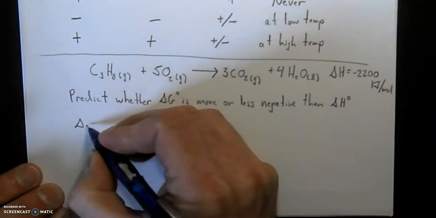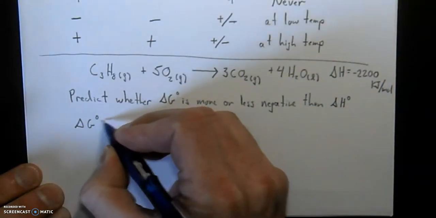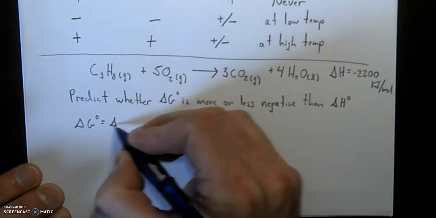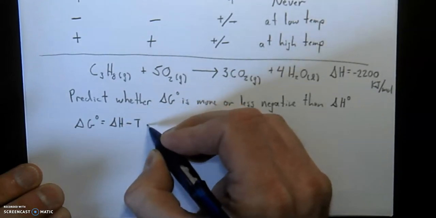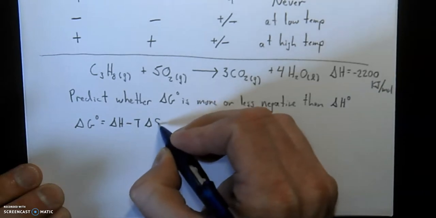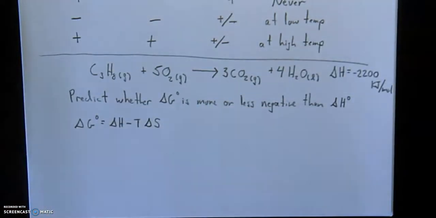And if we incorporate the equation we've been looking at in the previous lecture, here it is. So we want to figure out what contribution delta S has. And again, this is a really good AP question because it's not a math problem. You just have to think about it. So what is happening to the entropy in this particular reaction?